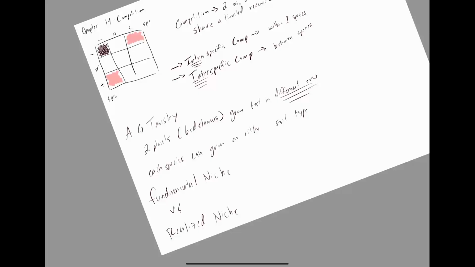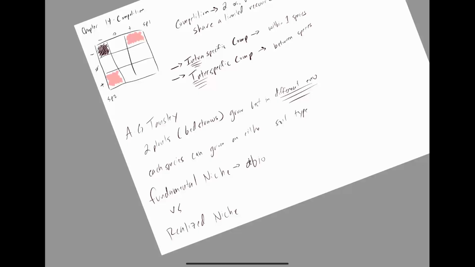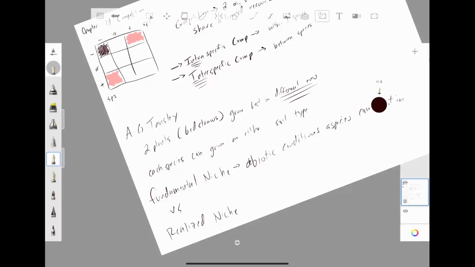So a fundamental niche is the abiotic conditions that a species can exist in. So this is the whole suite of traits, right? In this case, both plants' fundamental niches were on the calcareous and acidic soils, right? So bedstraw species 1 can grow in acidic soils or in calcareous soils.